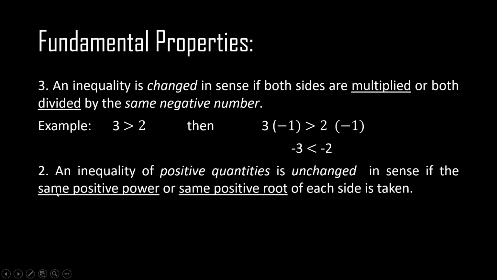And next is number 4. The fourth fundamental property of an inequality says that an inequality of positive quantities is unchanged in sense if the same positive power or the same positive root of each side is taken.